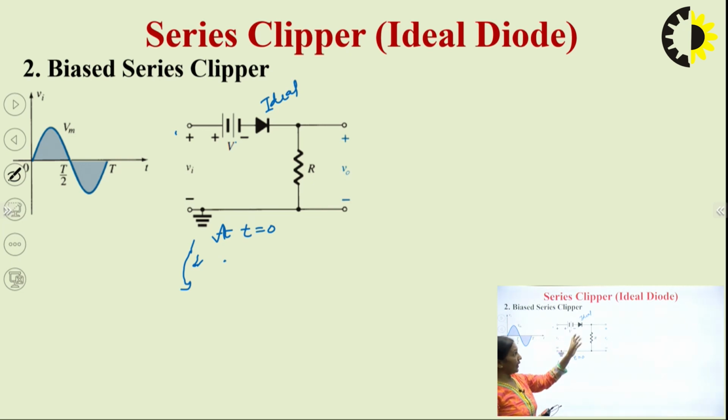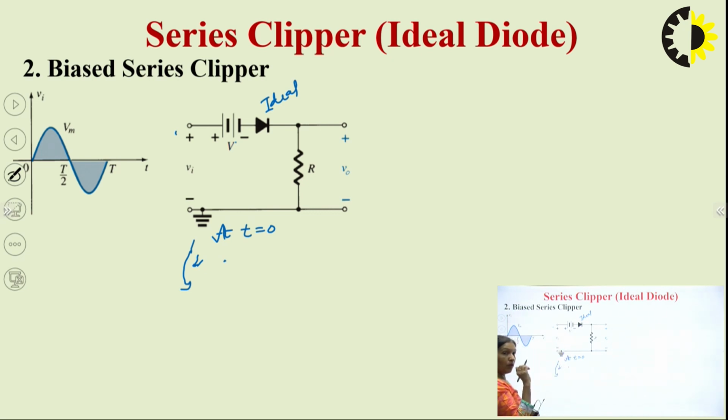We are saying that when the diode is forward biased, it will offer you 0 resistance, and if it is reverse biased, it will offer you infinite resistance. So now initially your diode is in a reverse bias state, that means it will be open, so output will be equal to 0. That means up to what value it will be 0?